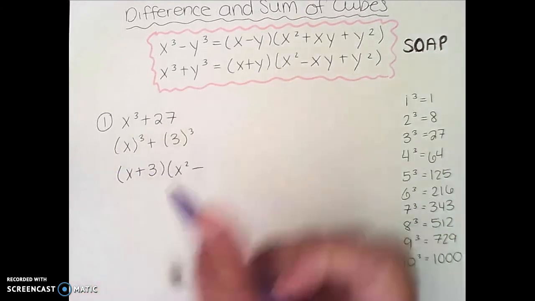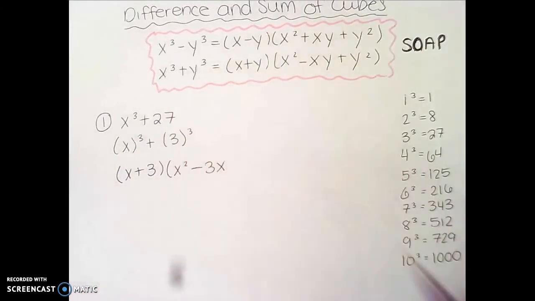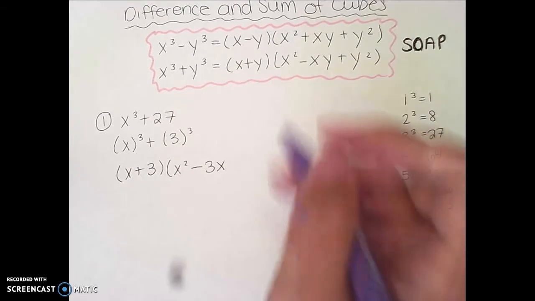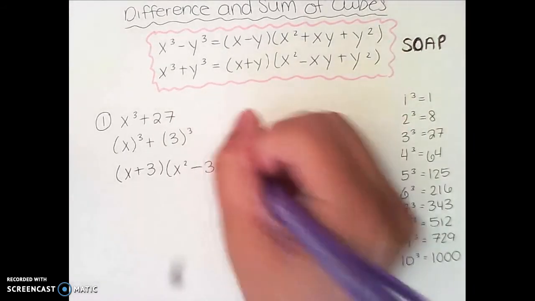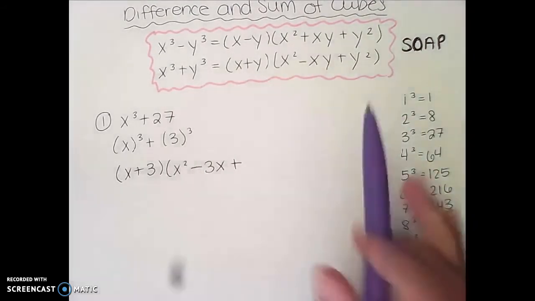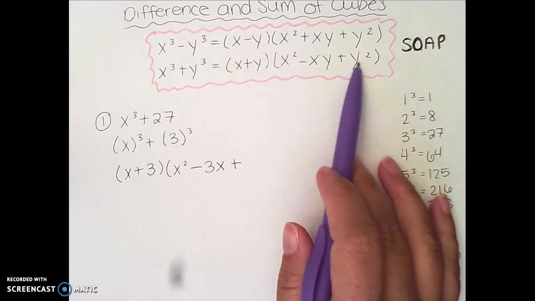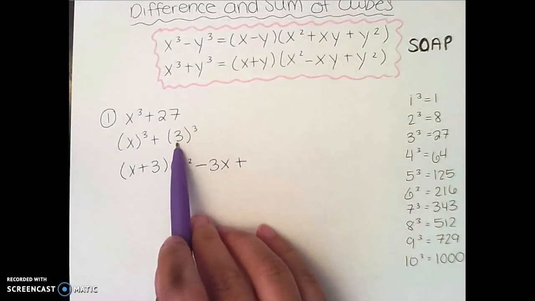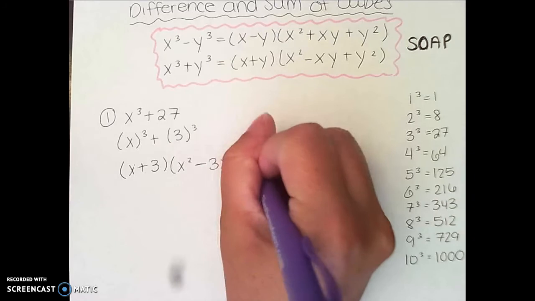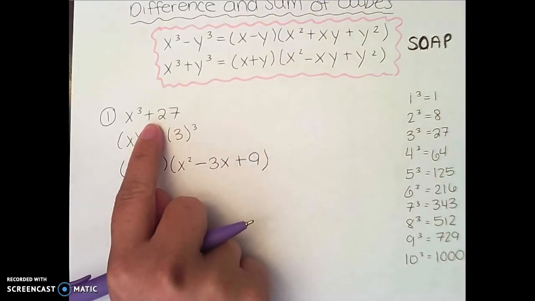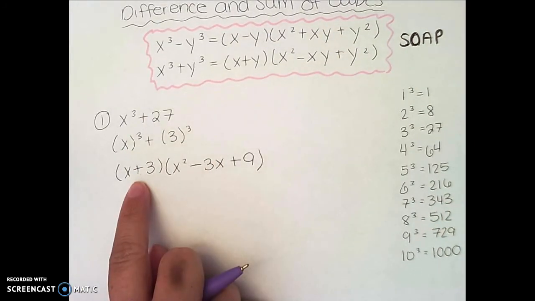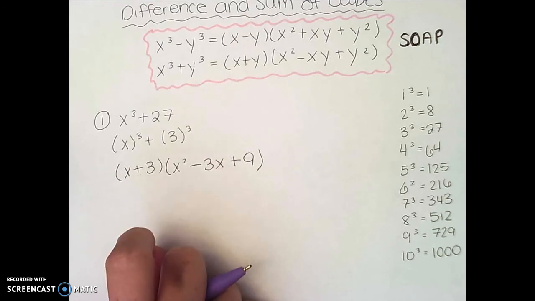So x times 3, or 3x, and then my last sign is always positive, and I'm going to take my y and square it. So that's 3 squared, which is 9. So x cubed plus 27 is x plus 3 times x squared minus 3x plus 9 in the factored form.